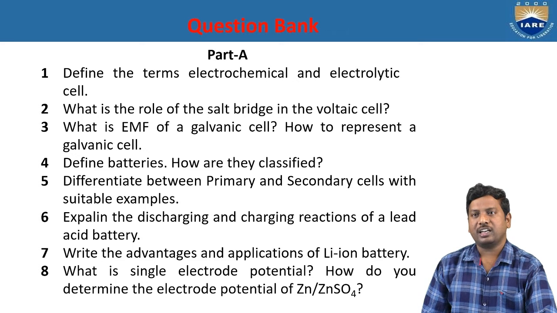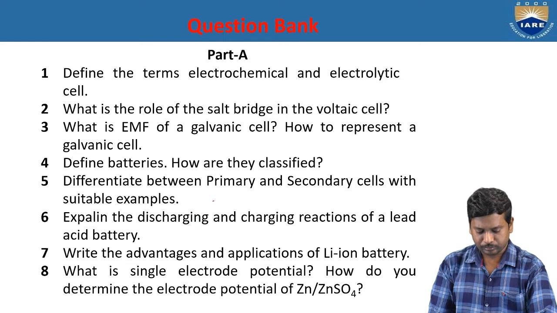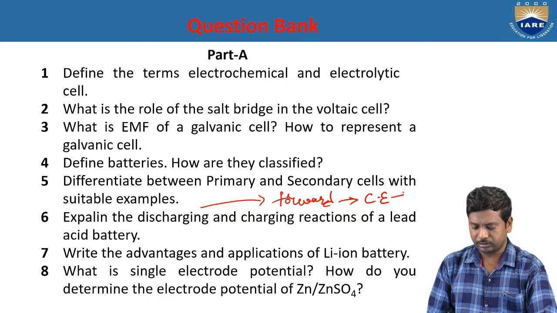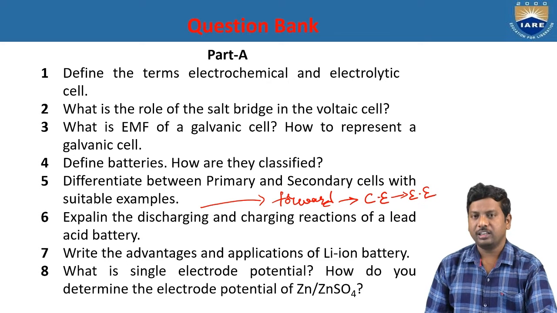Explain the discharging and charging reactions of the lead acid battery. First of all, it comes under the category of secondary cells. Discharging involves the forward reaction. That means chemical energy converts to electrical energy.